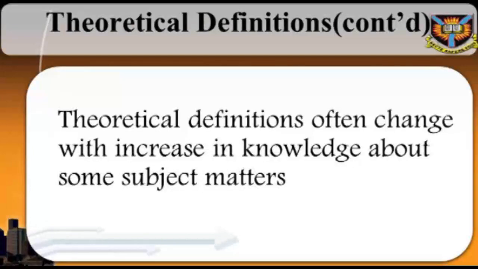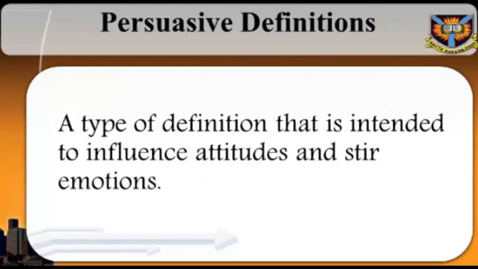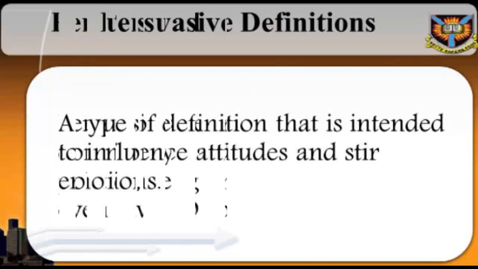Persuasive definitions. A persuasive definition is a type of definition that is intended to influence attitude and stir emotions. Thus, its concern is different from the four previous definitions, whose main concern has to do with the informative use of language.